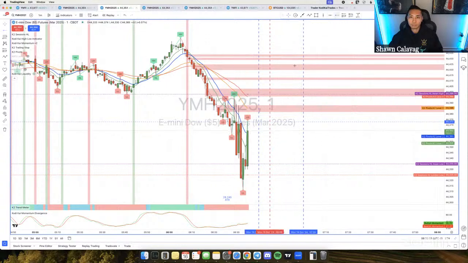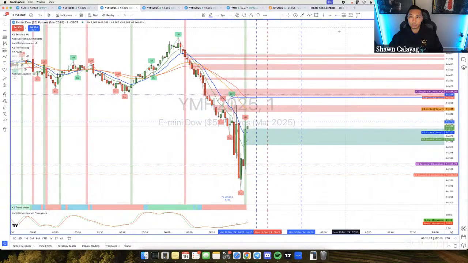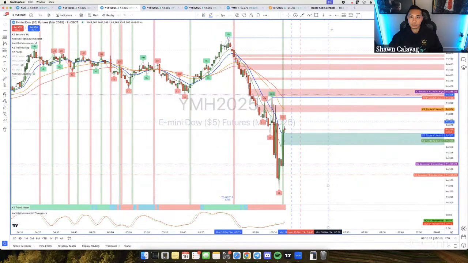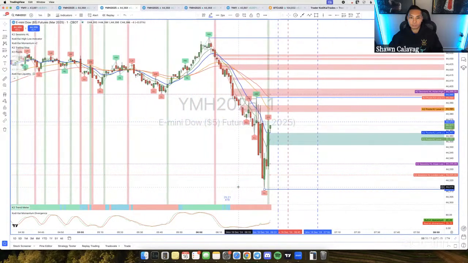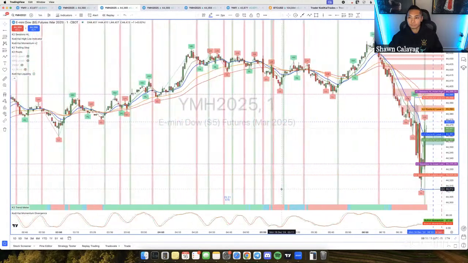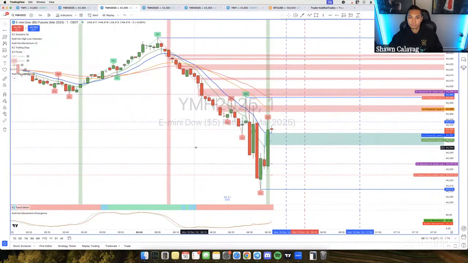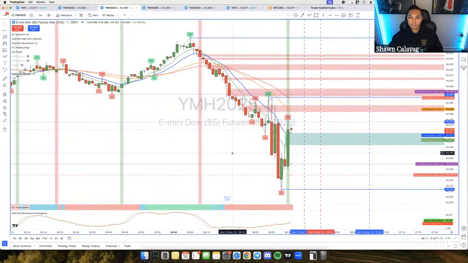But again, if you guys want to mark up the original high liquidity, you can still mark it up on the chart. It's just going to make the chart a little messy. So I'll mark up the original liquidity here, and I'll just leave it on the lower time frames, of course, like on the 1 minute. So you can actually do both.